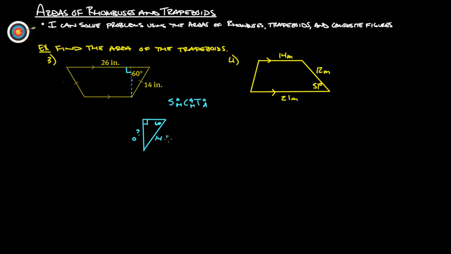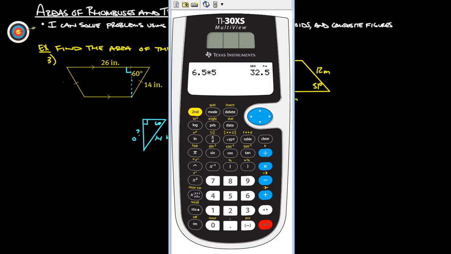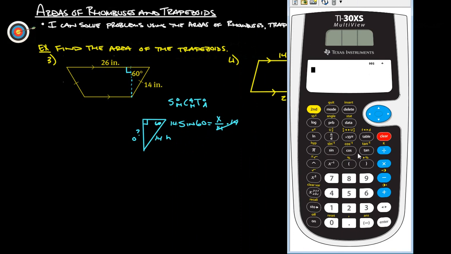This is the side that we know, that's hypotenuse. So opposite and hypotenuse is sine. So we'd want to do sine of 60 is going to equal our question mark, or x, over 14, right? Multiply both sides by 14. And this height right here is going to be 14 times sine of 60. Okay, so let's figure out what that is.